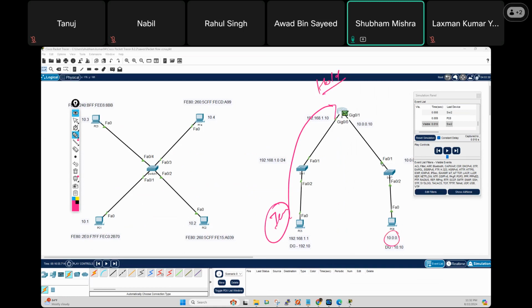Now this router already knows the MAC address of 10.1. So it means now this router puts the MAC address of 10.1 in the ICMP packet and forwards this ICMP packet towards here. Yes or no? Everyone, tell me.